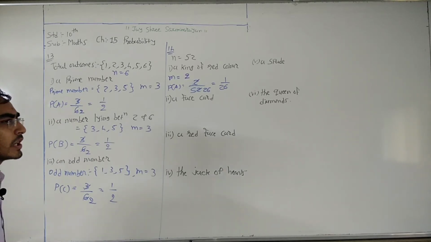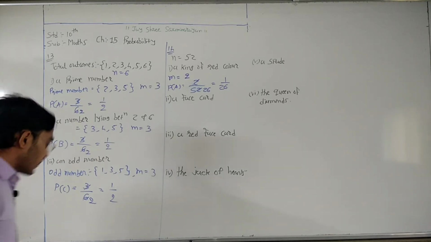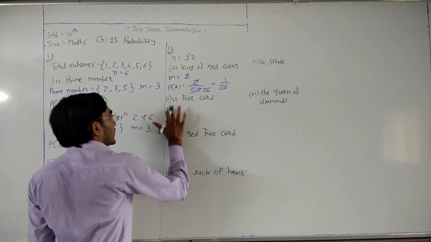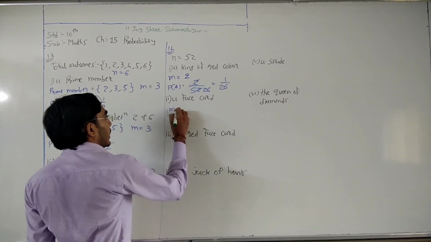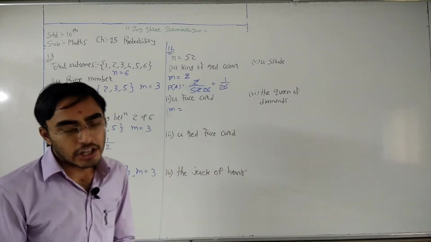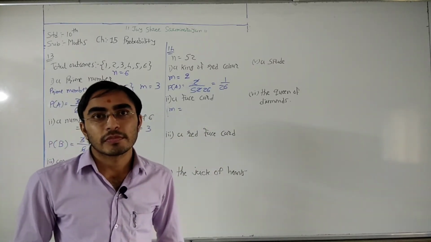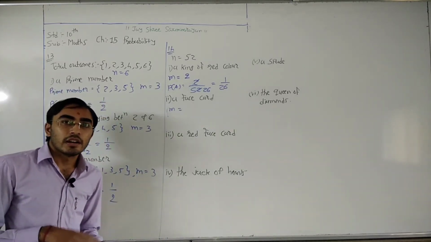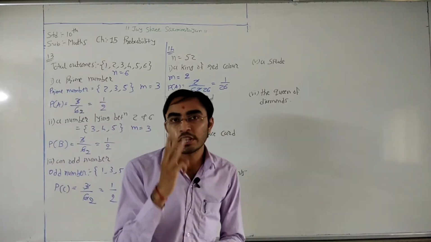Okay. After that, our second probability. Now here, our favorable outcomes are face cards. How many face cards do we have? We already discussed it, right? In each pattern we have 3 face cards.